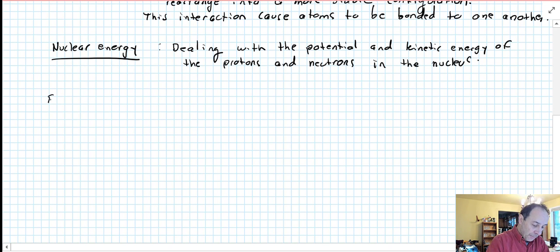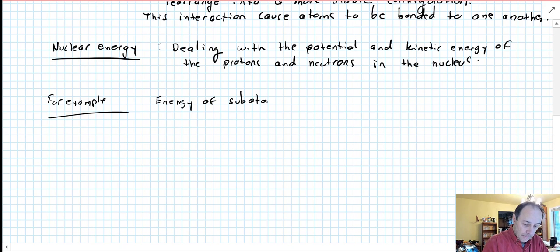So, for example, the energy of subatomic particles is measured in electron volts.